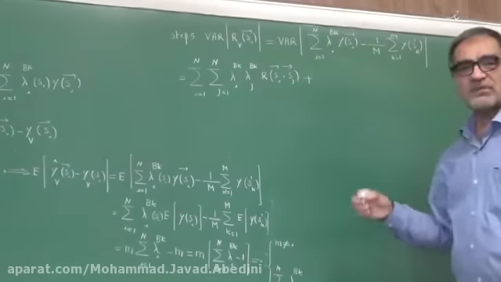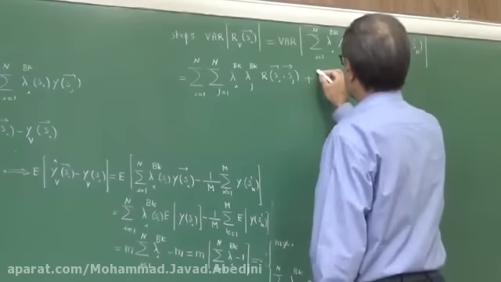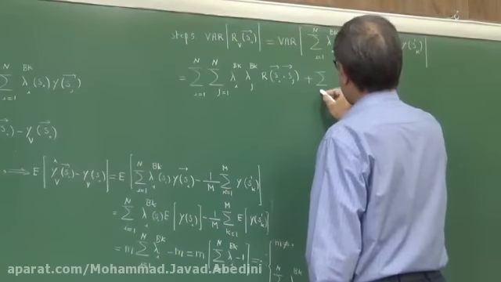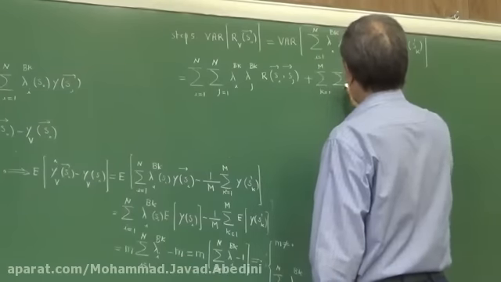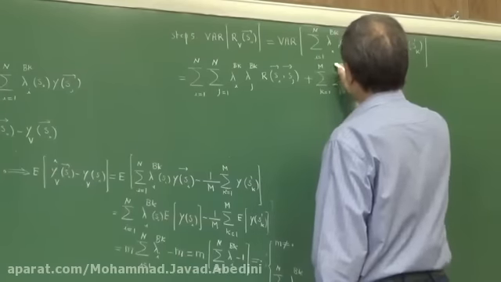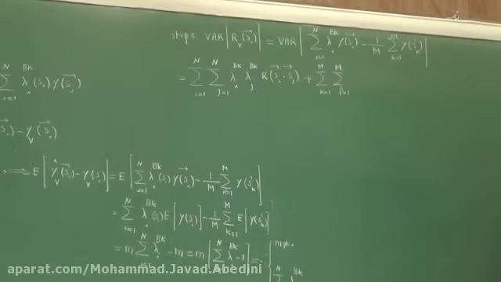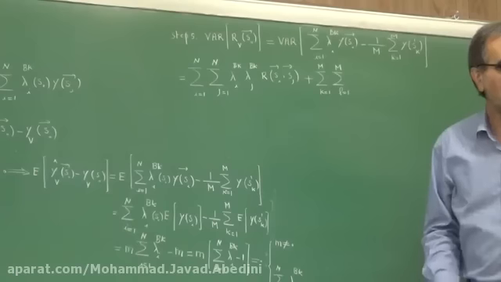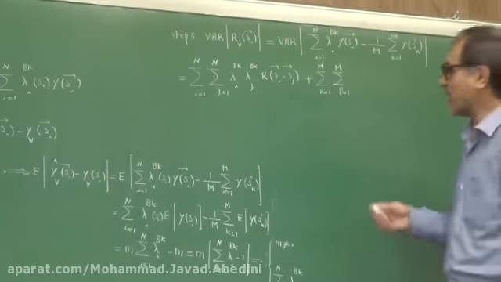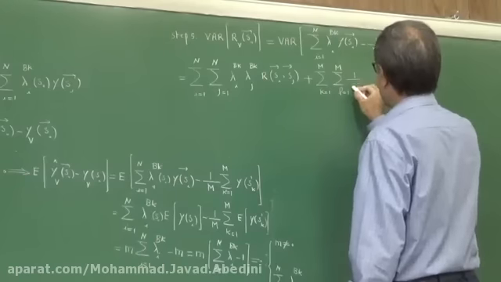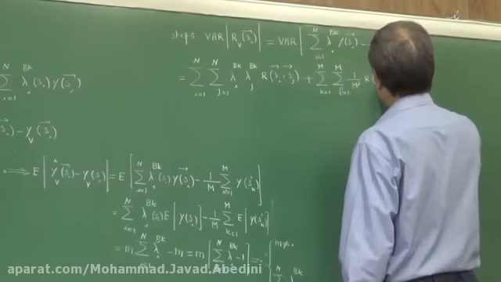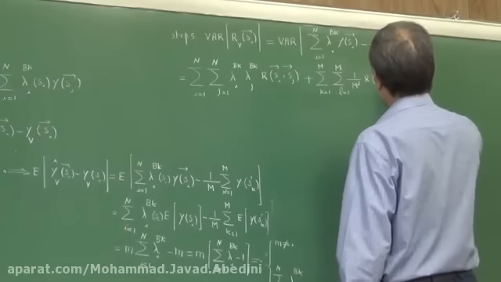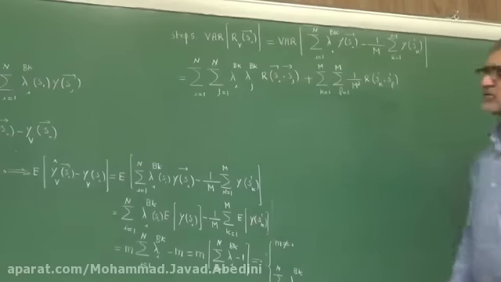Therefore, it will become double summation, k from 1 to n, summation L from 1 to m, and then 1 over m times 1 over m, 1 over m squared, and then R S prime K S prime L. That's how to compute variance of linear combination.